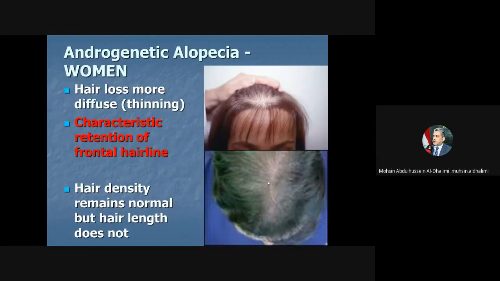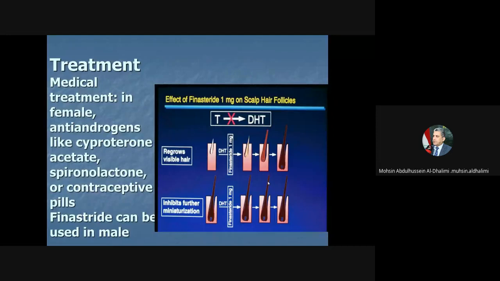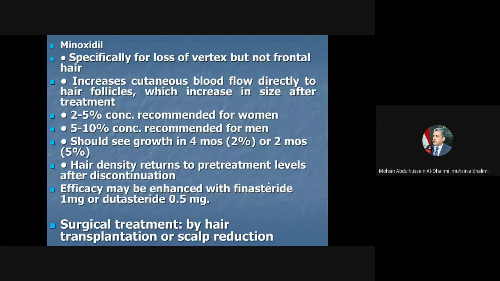طبعا التشخيص هو يعني مو صعب، تشخيص الصلع الوراثي. التريتمنت طبعا هو المين ستيب اوف تريتمنت بصراحة هو المينوكسيديل. It is the only FDA approved drug for the androgenic alopecia. يستخدم 2% in female، 5 to 10% in male. مشكلة المينوكسيديل should be used for a long time.